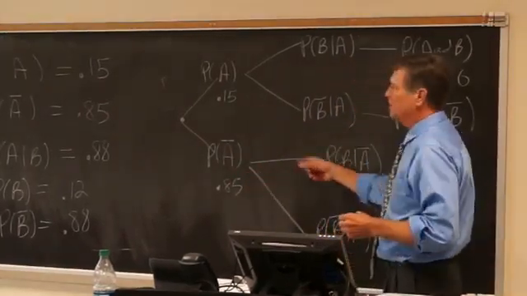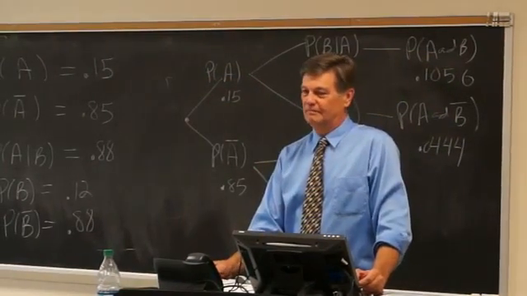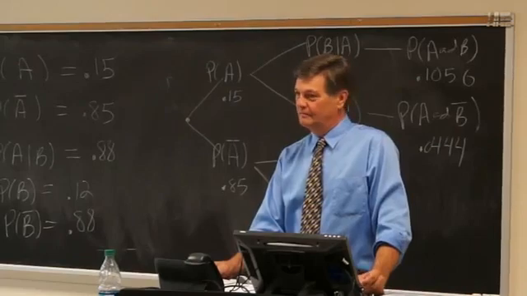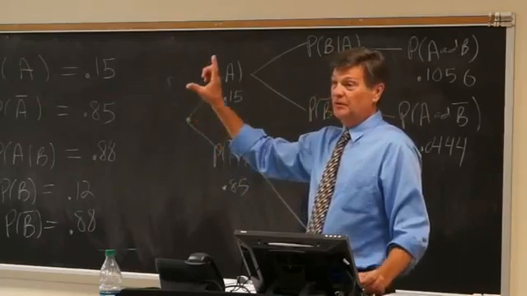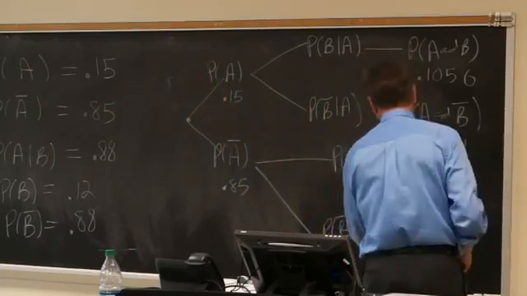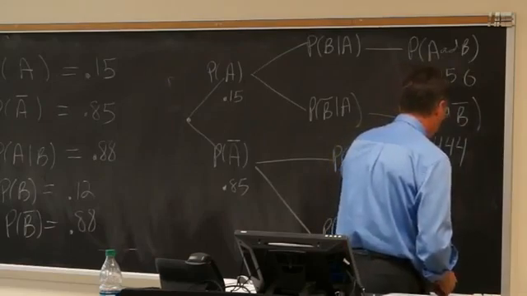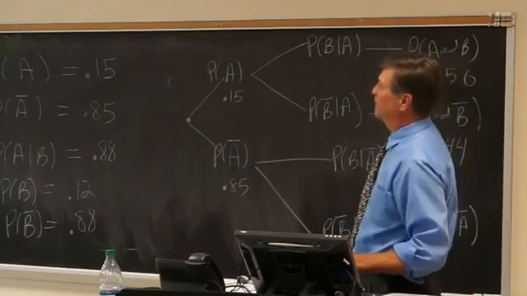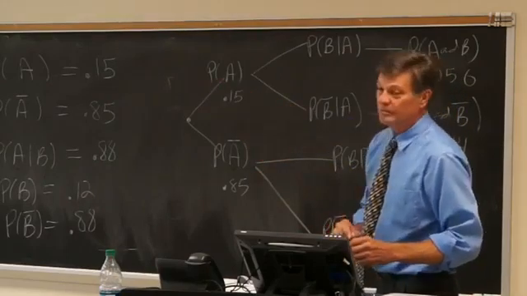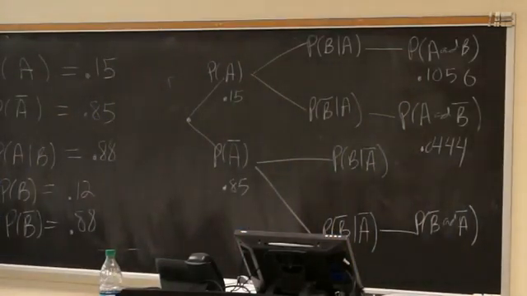Do I know these probabilities from my contingency table? No. You don't know the conditional probabilities from the table, but what do you know? You know the joints. So this is the probability of B bar and A bar. What's that probability? A bar and B bar mean I don't have hypertension and I don't have heart disease.